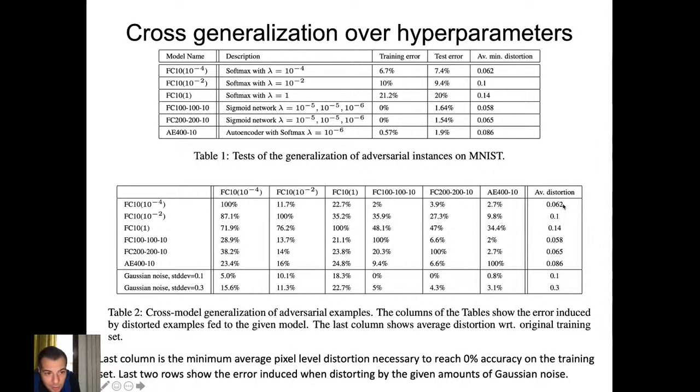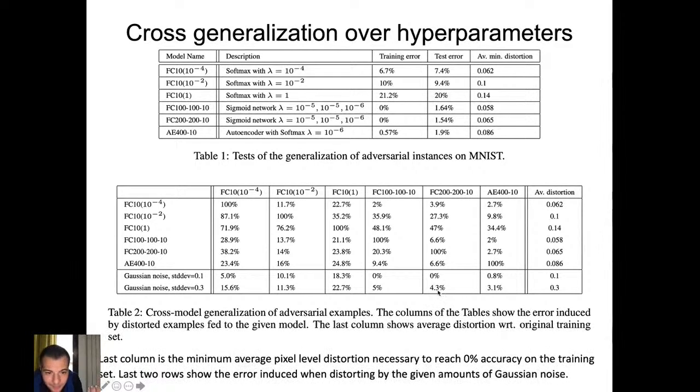So here you have the average distortion of the adversarial examples, and here they added some random Gaussian noise on the original images, and they tested how these models behave on these examples with random Gaussian noise. So it seems that this was just to prove that if you just add some noise to the image, the same problem will not occur.